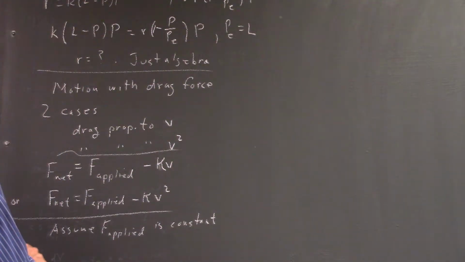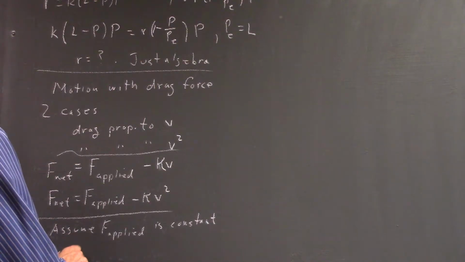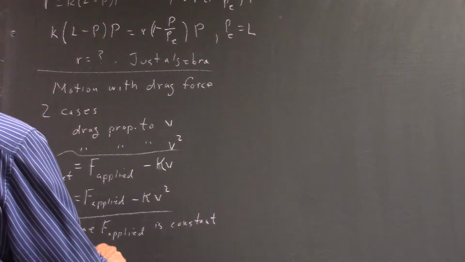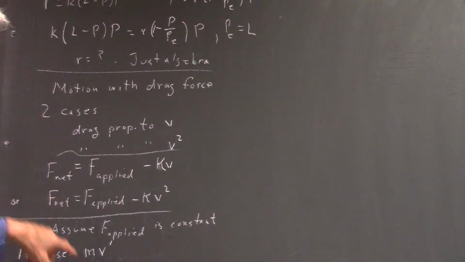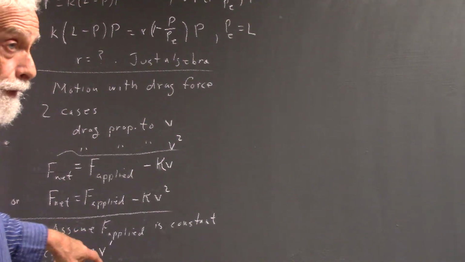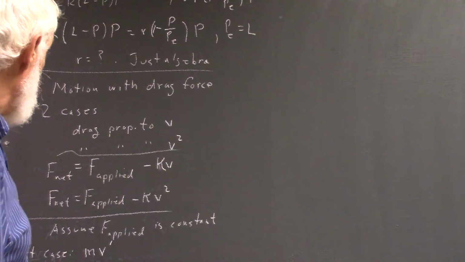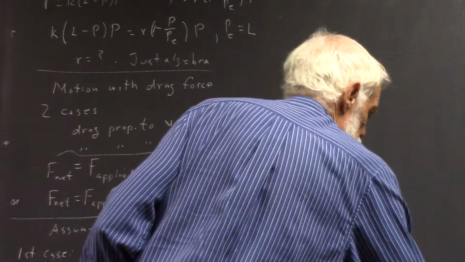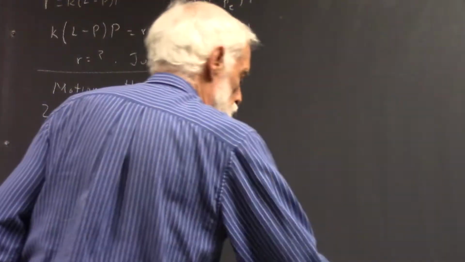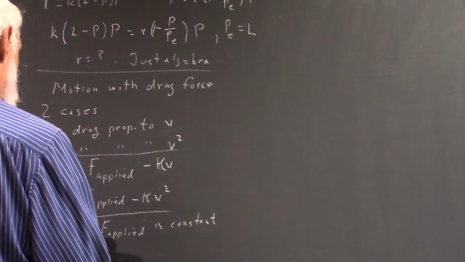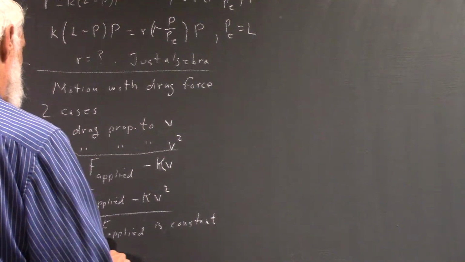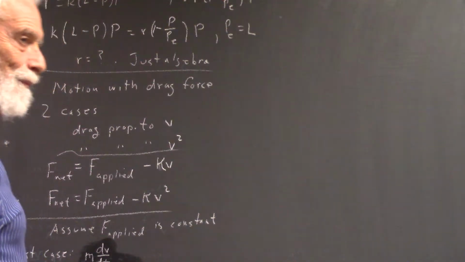For the first case, you have net force, which is mass times acceleration, which is mass times the derivative with respect to time of your velocity. Okay? And I'm going to go ahead and write that as dv dt, just to be really clear that it's the derivative with respect to t, because that's going to become important in the next section.